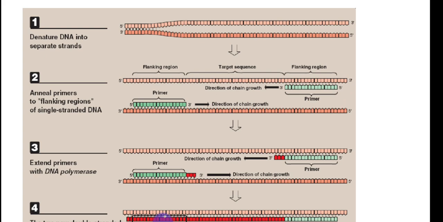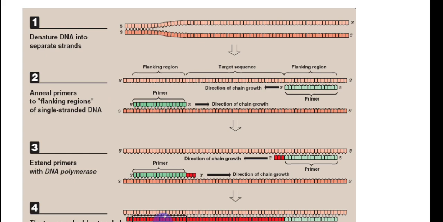So the temperature is lowered so that the primer can be attached at the flanking regions. Two primers are attached, one at the lower strand and another at the upper strand.